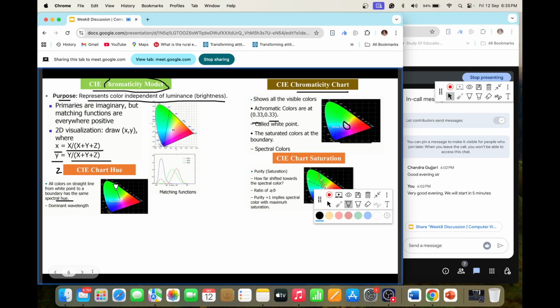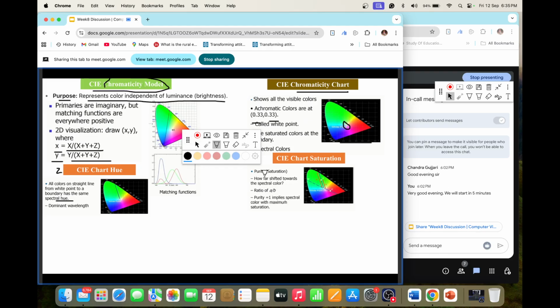Another thing is purity or saturation. Purity or saturation defines how far shifted towards the spectral color a point is. If we take 2 points on this straight line, one is the A value and one is the B value, the ratio A by B is important. That represents how far we are shifting from the white point to the colored point.